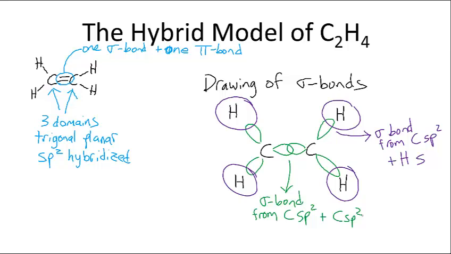Now if I want to show the pi bonding, I'm going to rotate my view. So instead of looking at the molecule like this, I'm going to flip the molecule up like that so the p orbital becomes more obvious. So go from this orientation to that orientation.